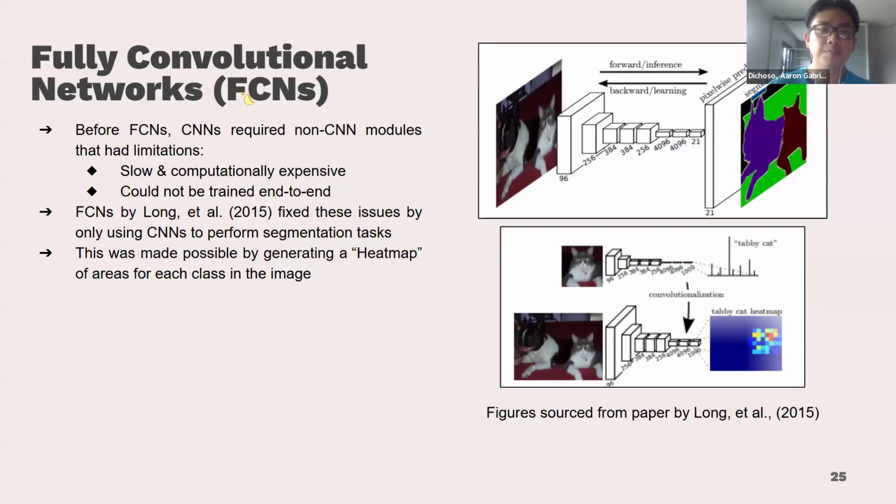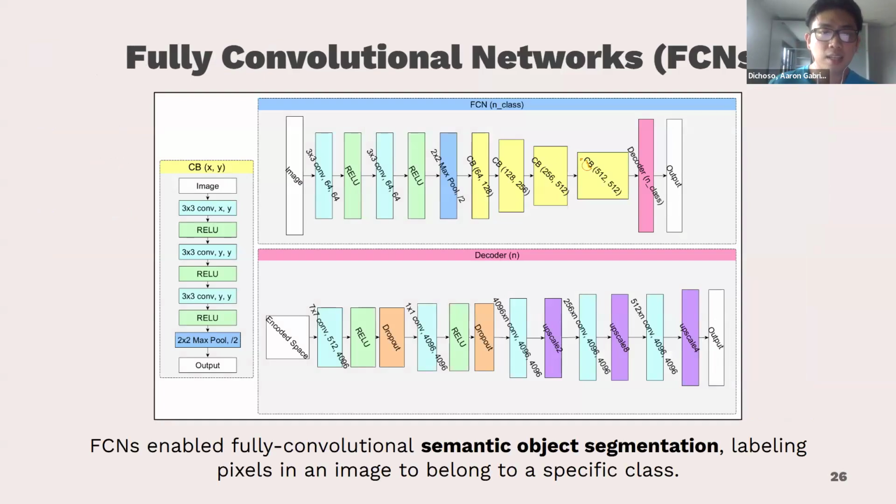So let's look at a deeper dive within the architecture here. Here I have my own diagram of FCN, and I would like for us to focus on the top. FCN here is the actual network itself, and what it relies on is fully convolutional operations. In this part, from 3x3 conv 64 64 all the way to here, CB, this CB is called a convolutional block.